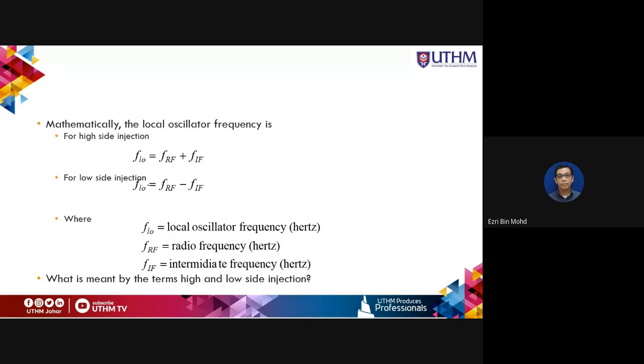For low side injection, the local oscillator must be designed so that FLO equals FRF minus FIF. So FLO is the local oscillator, FRF is the radio frequency, RF, and FIF is the intermediate frequency.